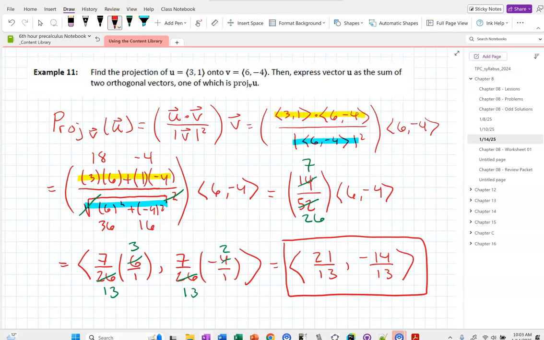So I get that the projection vector is 21 over 13, comma, -14 over 13. Does that feel okay so far?